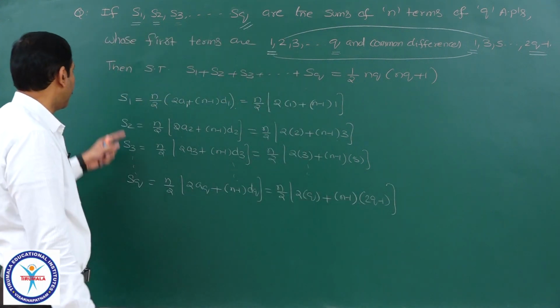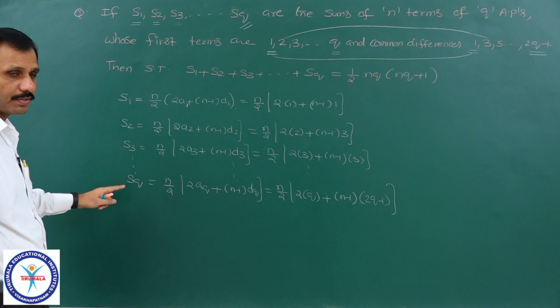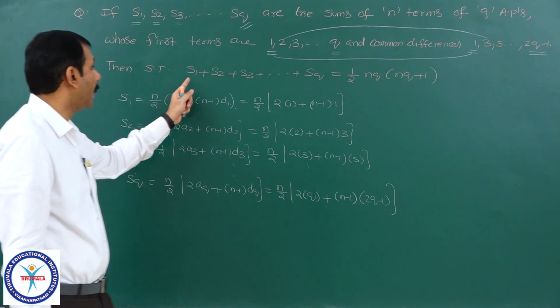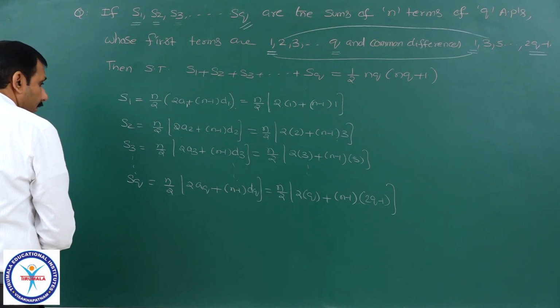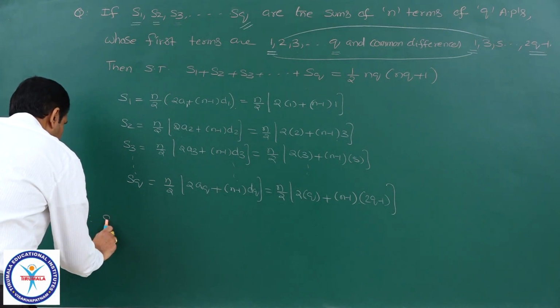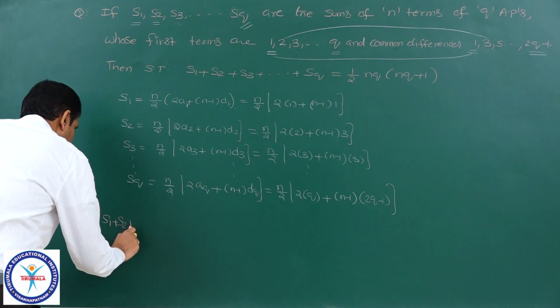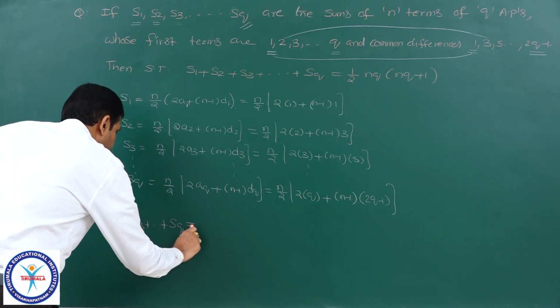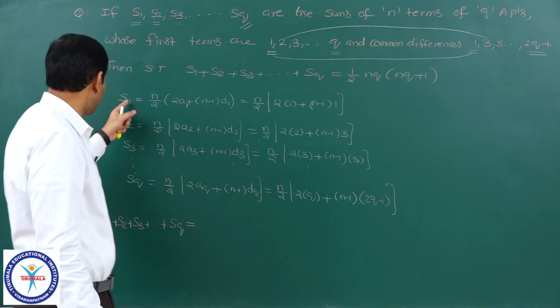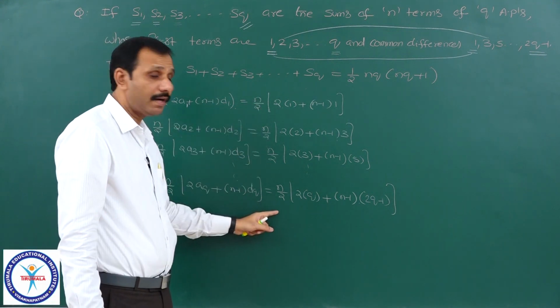Yes, we have written S1, S2, S3 and so on up to Sq. Now they are asking for the addition of all these sums. Therefore, S1 plus S2 plus S3 plus and so on plus Sq is equal to. Now this side I have added, this one also I will add.